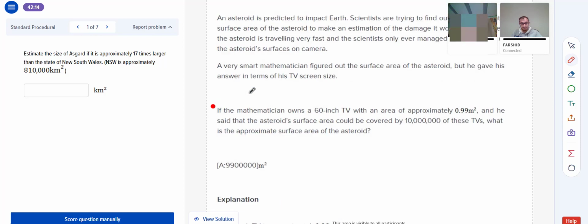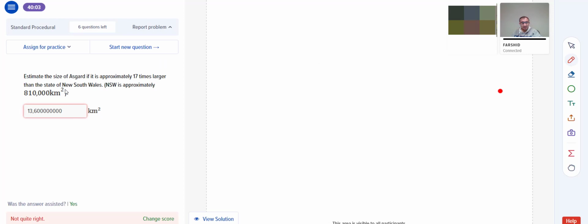Estimate the size of Asgard if it is approximately 17 times larger than the state of New South Wales. So New South Wales is approximately 810,000.